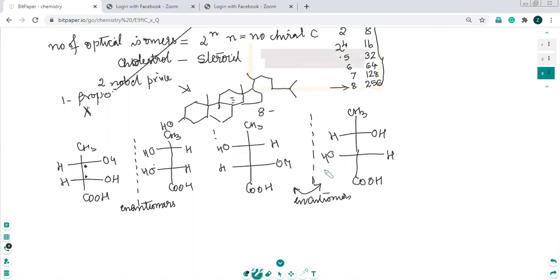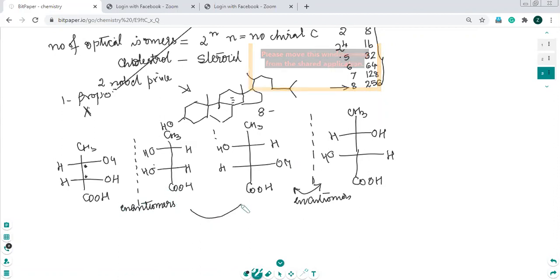What's the meaning? They will be having all the physical and chemical properties the same, except optical activity, the reactivity towards chiral reagents, and physiological activity. This also will be having the same properties. Melting point will be the same, boiling point will be the same, right? But look at these two.